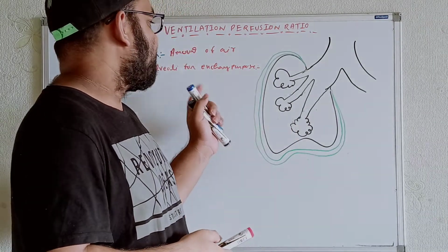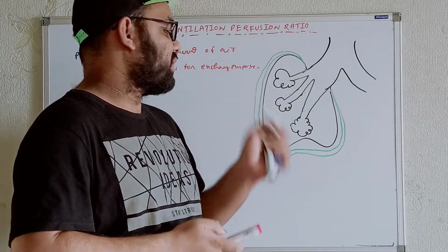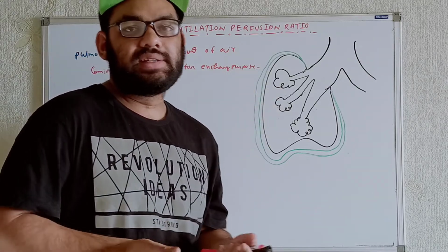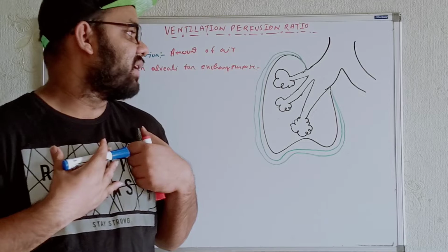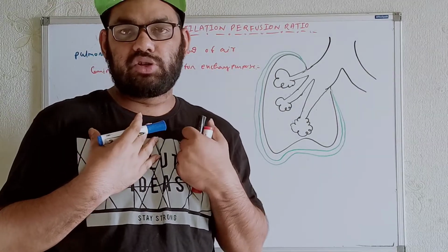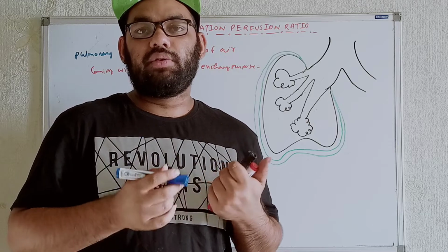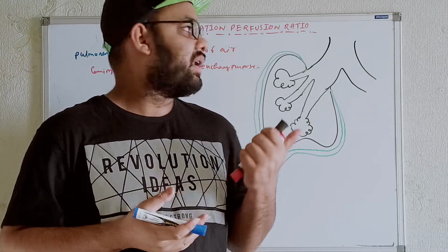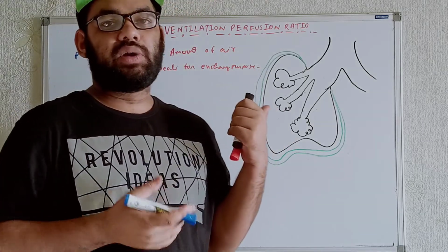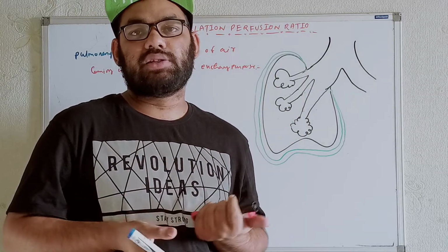Now in these cases, I'll figure it out in three levels. For example, in the upright condition, whenever I'm in the standing position, whatever the inspiration, expiration, and ventilation we will see in the different parts of the lungs.